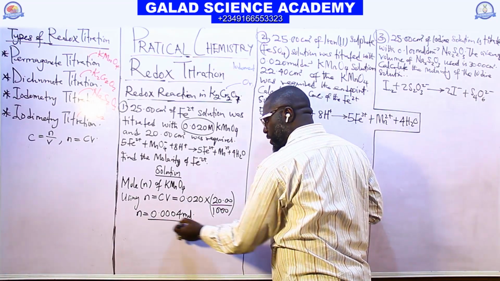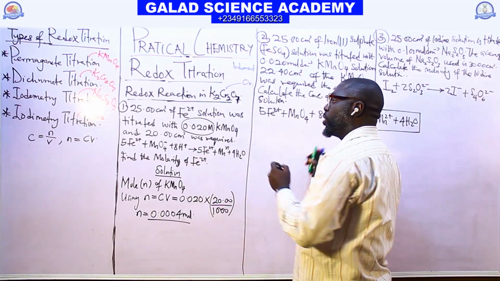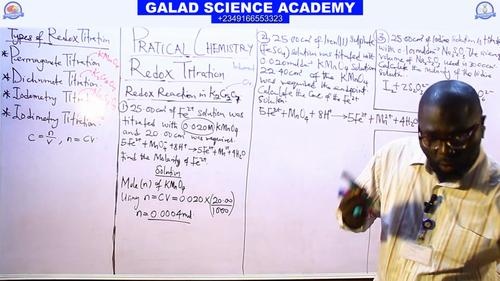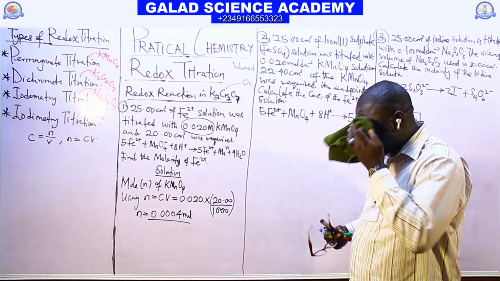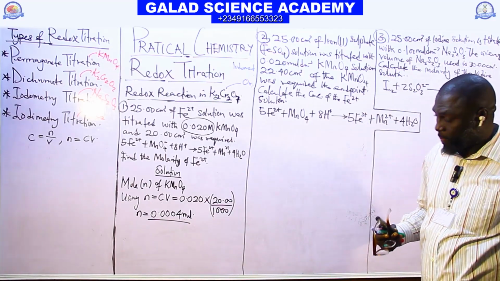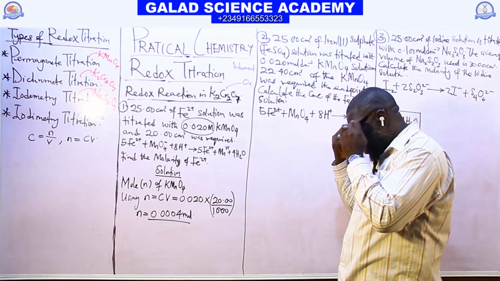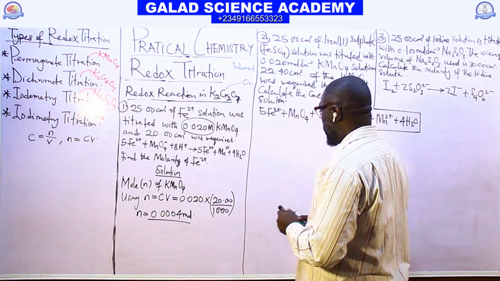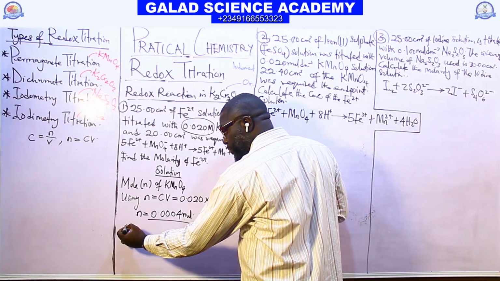So that's the number of mole for KMnO4. And here, since we know the number of mole, we can now say what from the balanced equation.